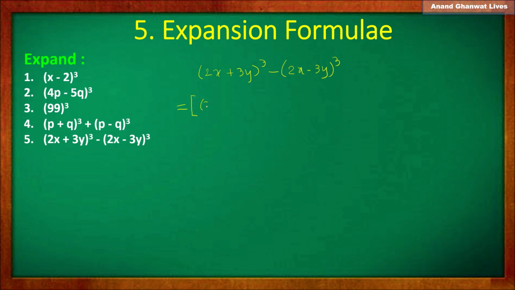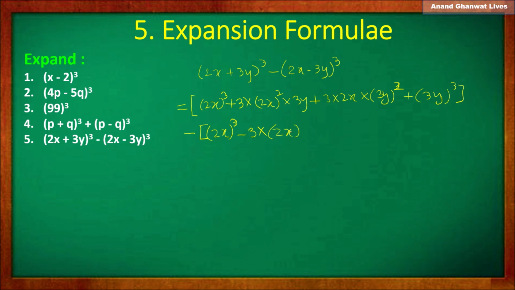The cube of 2x plus 3 into the square of 2x into 3y plus 3 into 2x into the square of 3y and plus the cube of 3y, minus, in square brackets, the cube of 2x minus 3 into the square of 2x into 3y and plus 3 into 2x into the square of 3y minus the cube of 3y. So solve all the brackets.